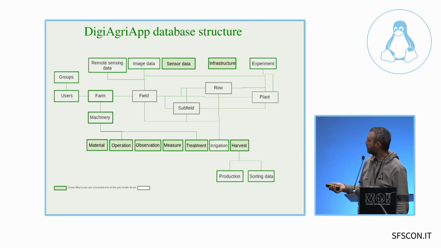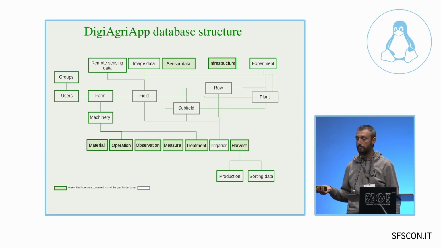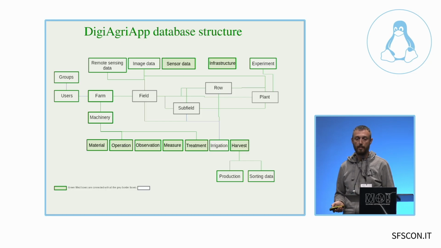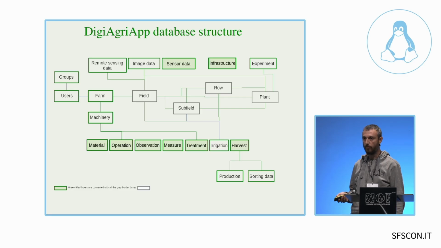All this information in green is connected to all four elements, so we can add material or crop, we can set operation, observation, measurement, treatment, and so on. And this capability is quite useful for our scope, because sometimes we collect information at the field scale, but in most cases we collect information at the plant level.